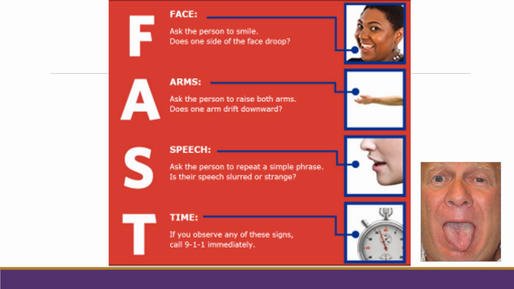The other T that we use is tongue. You have them stick out their tongue. See how this gentleman has a deviation to one side here? The problem with all of these tests is if they've had a stroke before and they continue to have these deficits, they're going to continue to show up. So if we test them again, we don't know if that's old damage or new damage. And what do you do then? I'm sending them out. I don't mind being wrong.